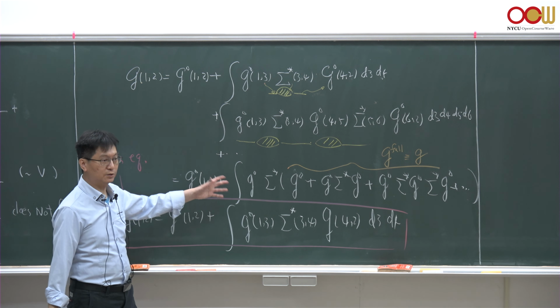If the interaction vanishes, then G is the same as 1 over G0 inverse, which is G0. But if V is non-zero, then we should first compute the sigma star, and then plug it in here in the denominator, and then we subtract it from this G0 inverse, and then we invert the whole thing, and we get the full Green's function.